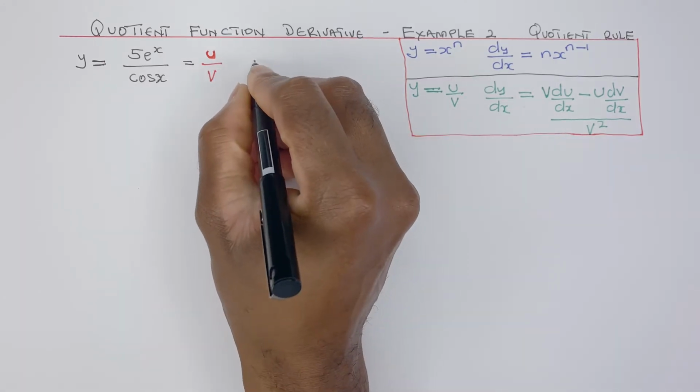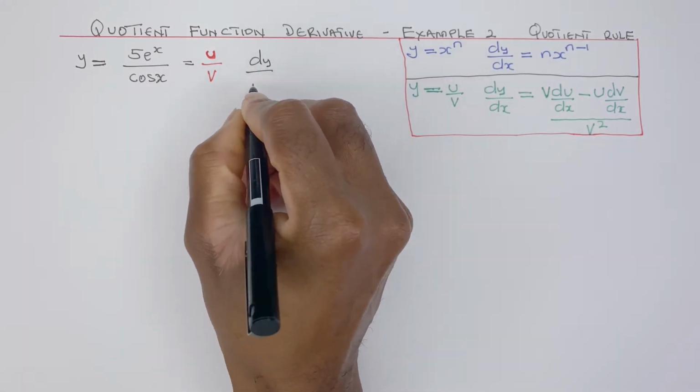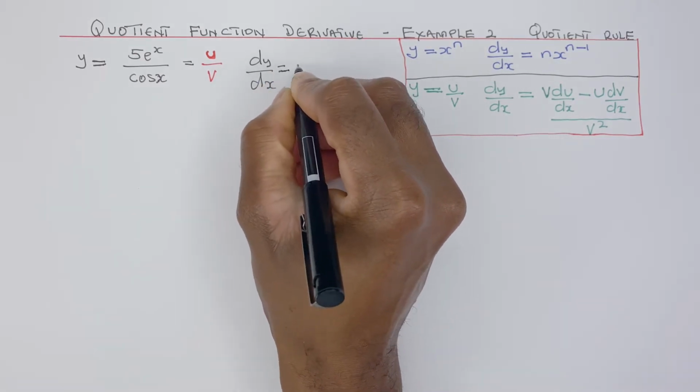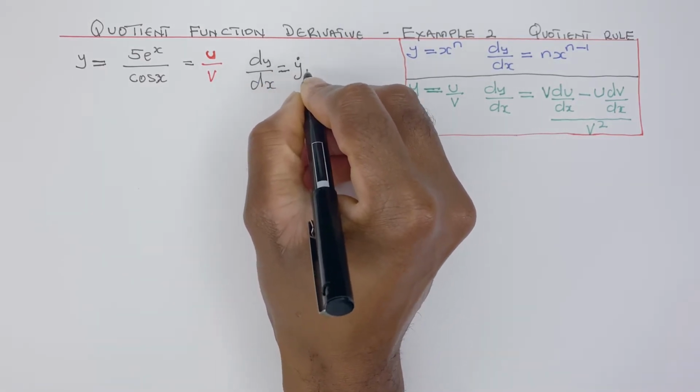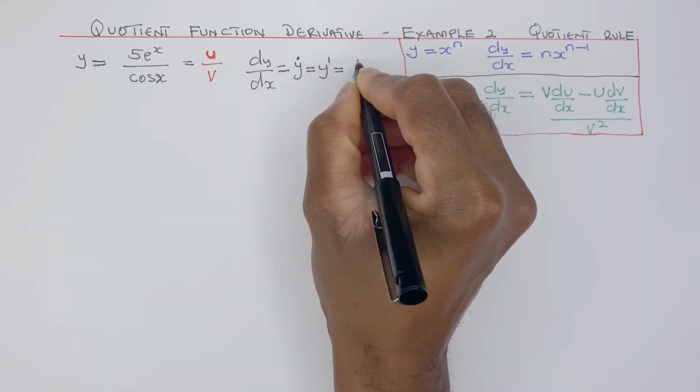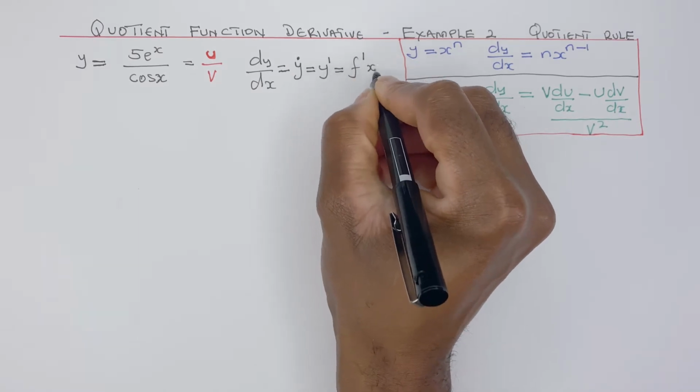And now we need to find dy/dx, which can also be written as y dot, or y dash, or even f dash x.